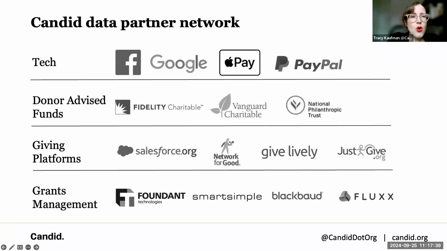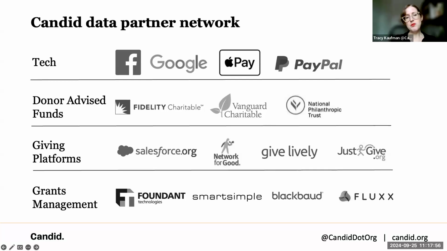Okay, so there are over 200 different partner institutions that make use of Candid data in their systems. There are a lot. You are only looking at a very small sampling of those.